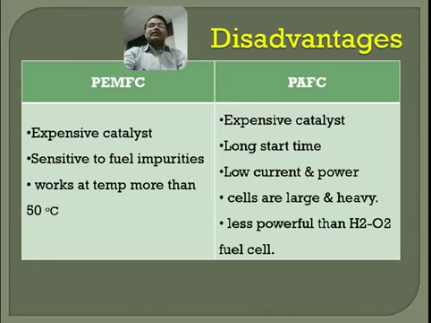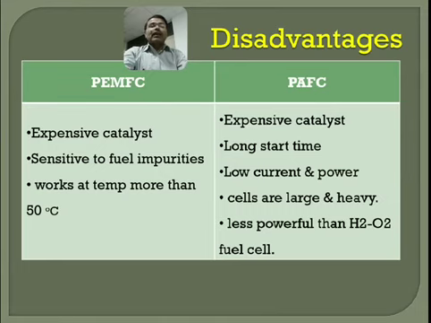PEMFCs are sensitive to fuel impurity, which means the impurity must be removed from the fuel. It works at a temperature around 50 degrees Celsius or more, which can be considered a drawback. While PAFCs can work, they have disadvantages such as long startup time, low current and power.